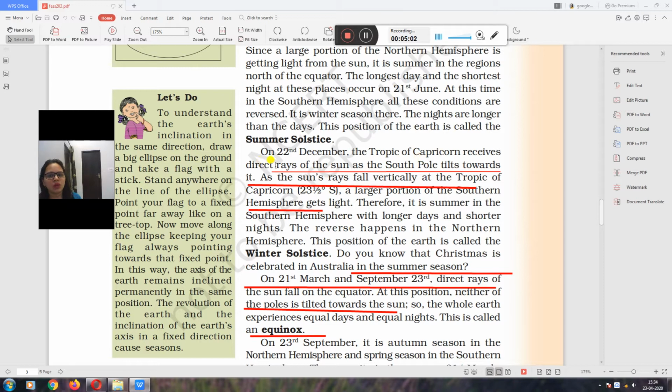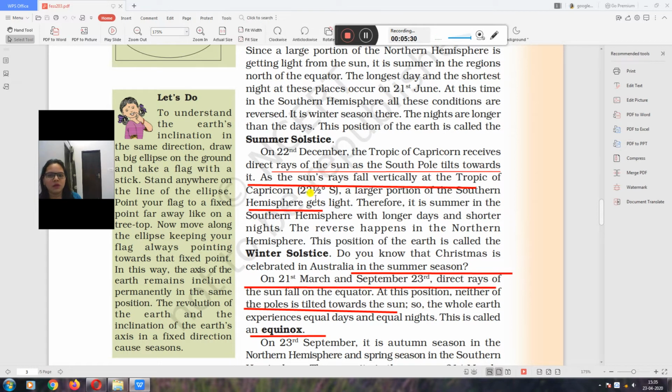On 22 December, the Tropic of Capricorn receives direct rays of the sun as the South Pole is tilted towards it. When the South Pole is tilted, meaning झुका हुआ, towards the sun, then in the southern hemisphere the middle part is the Tropic of Capricorn. So the Tropic of Capricorn receives direct rays of the sun.